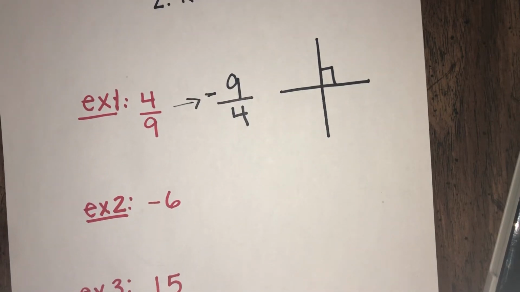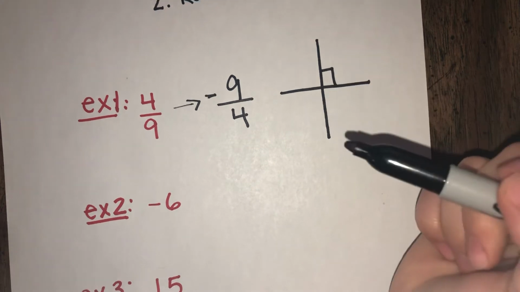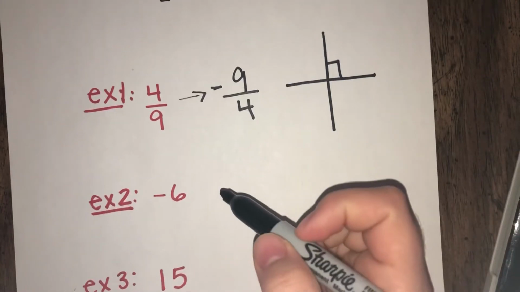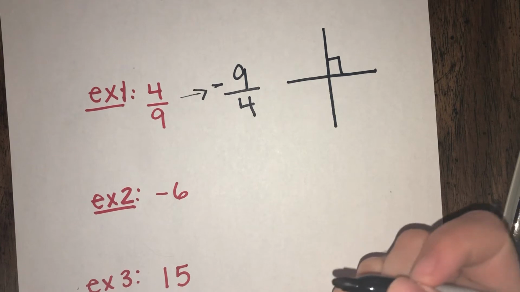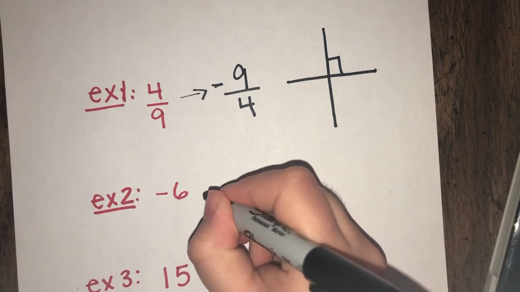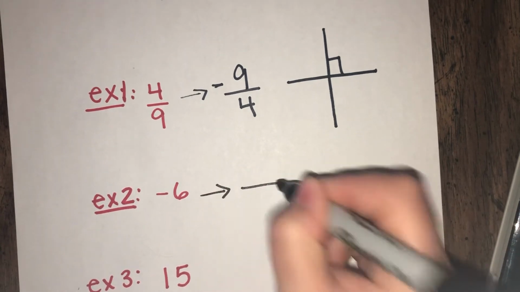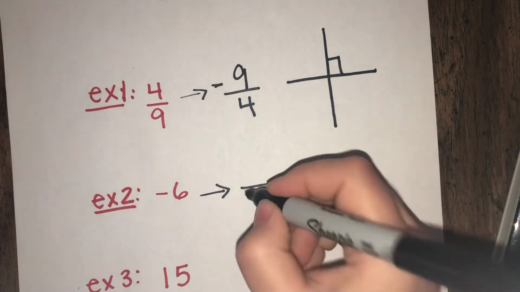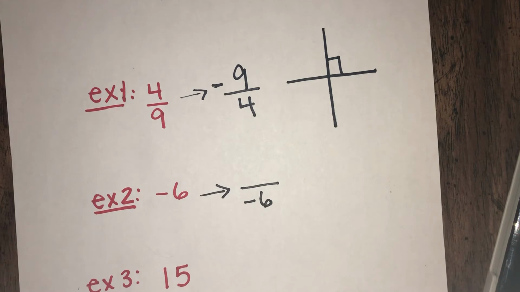Some ways that can trick you. Example number 2 gives you a slope, or an m, of -6. You still have to flip it, and you still have to reverse it. But this begs the question of how am I supposed to flip a number? Well, -6 would be considered on top, so we would put it on the bottom.